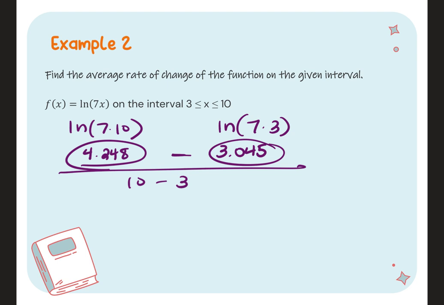So I would do 4.248 minus 3.045 over 7. 4.248 minus 3.045 divided by 7. And I get 0.1718, which is 0.172. Okay, that's one way to do it.